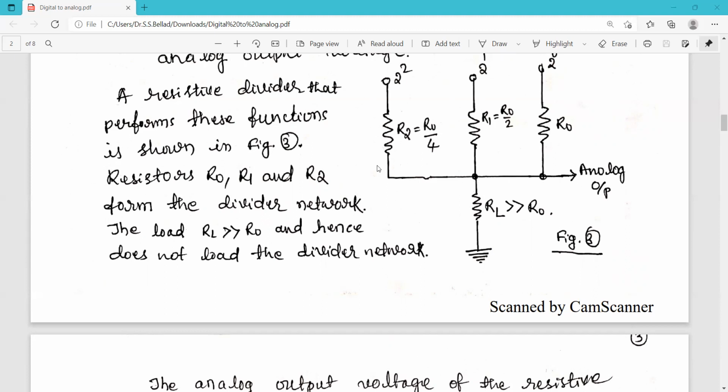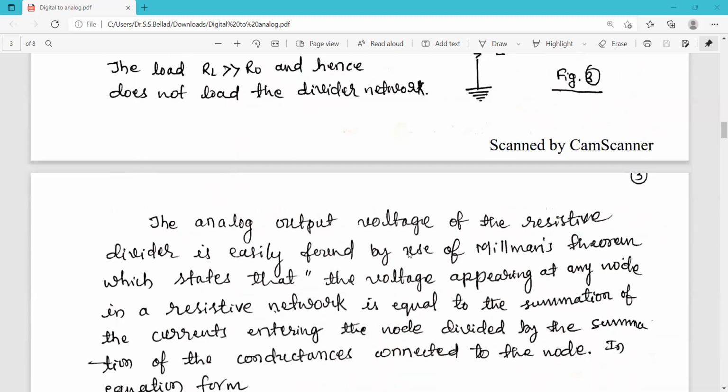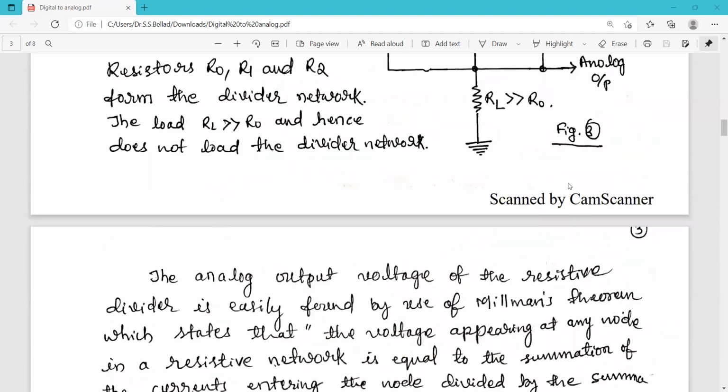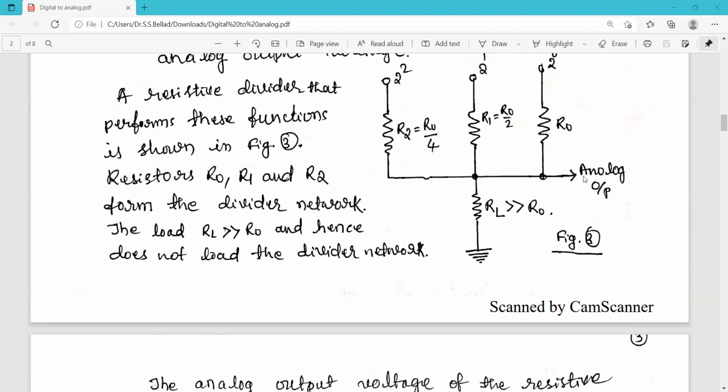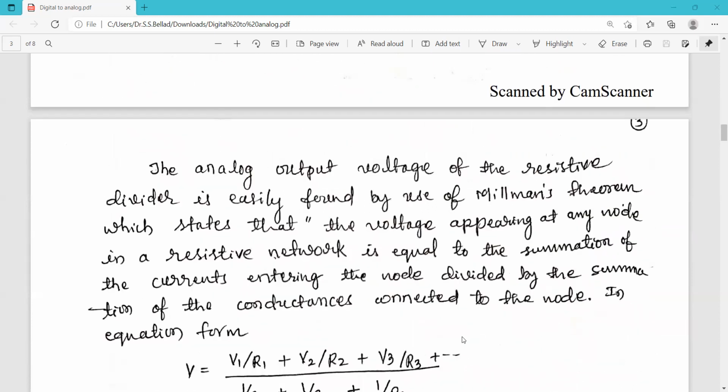You can see here the currents which are coming in here are all coming to this common point, where they are added. So that is why the summing action is there. And you are getting the analog output from this point and the ground.